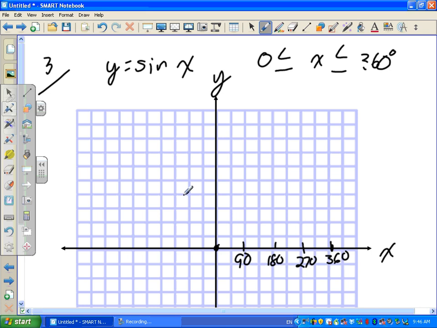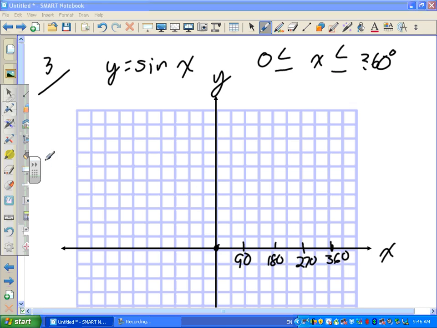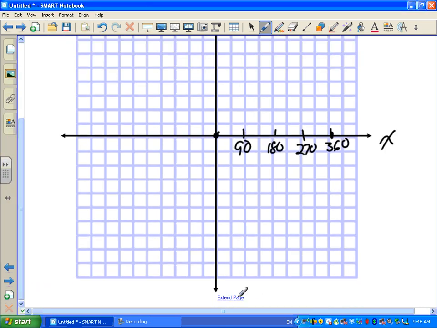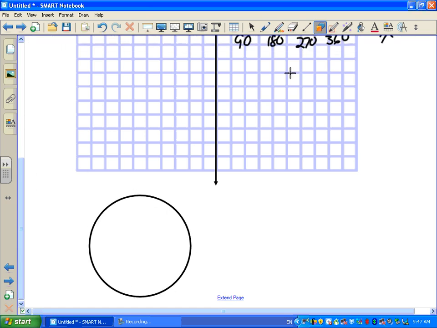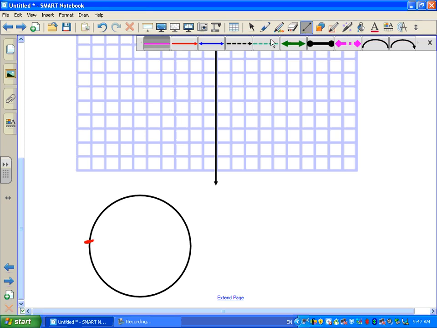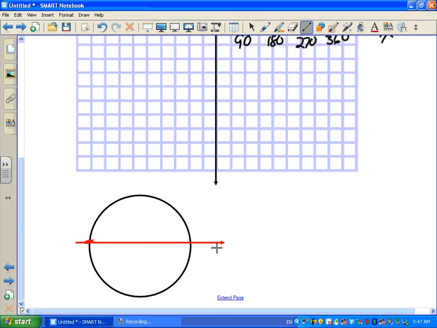Now, when drawing a sine wave, this is why I told you guys to please think of a circle. So let's say we have a circle here. When we start drawing this circle, we're going to say we started here. And remember, that's the equation of the axis, even though I didn't ask you for that part.